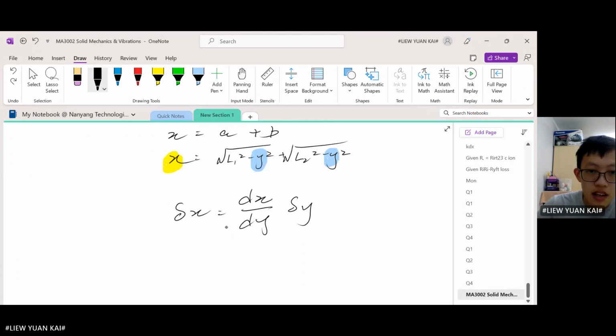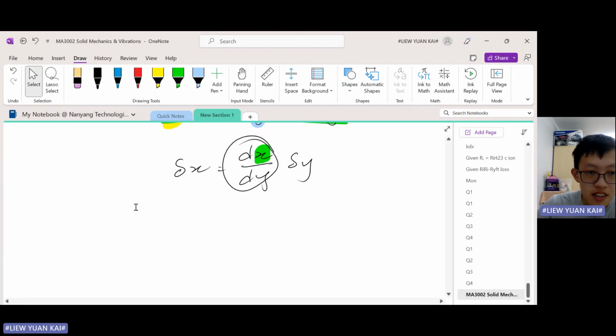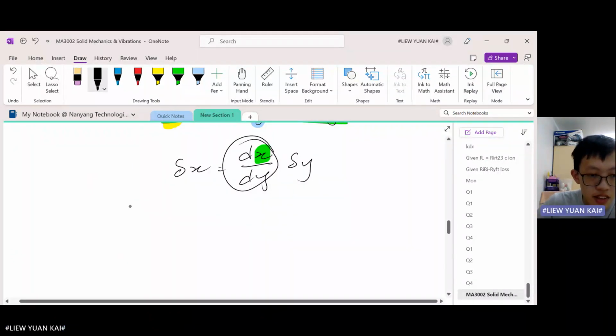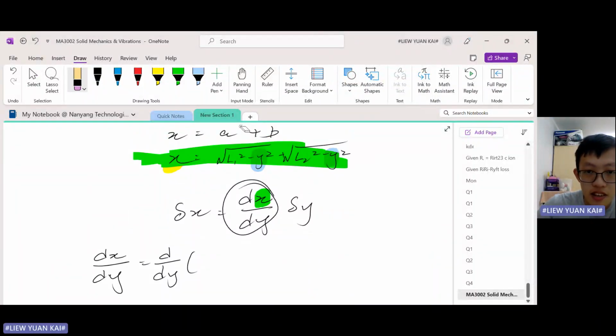So first we need to find dx/dy, right? We've already found an expression of x. Well, where does the expression of x come from? It comes from here. Okay, so let us find dx/dy. dx/dy is equal to d/dy of this giant green highlighted expression here.